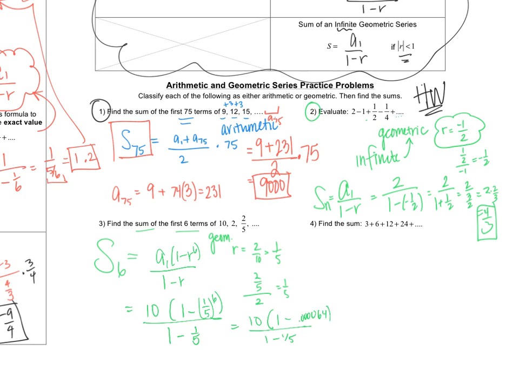I'm going to multiply that by 10 and then divide by 1 minus 1/5, that's 5/5 minus 1/5, that's 4/5. So I'm going to divide by 4/5, and it ends up that it's approximately 12.49, so about 12.5.